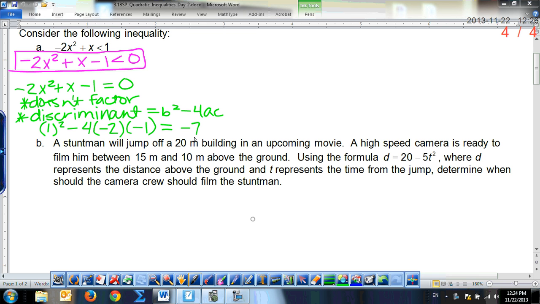Okay, what does a discriminant of negative 7 tell me about this equation? Not about the inequality, okay? This quadratic equation has 2 non-real solutions. Everyone okay with that? The discriminant of negative 7 tells me that the equation has 2 non-real solutions.